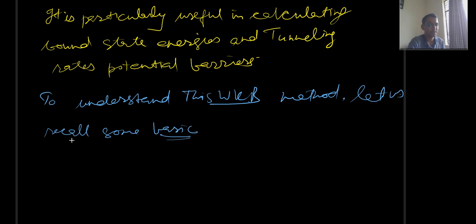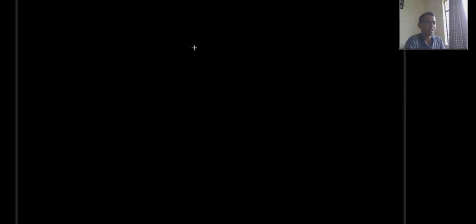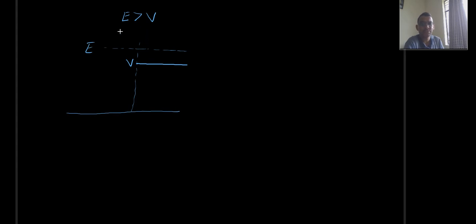Consider a particle whose energy is greater than the potential, and we are having a constant potential. So for this, let us draw a diagram. So it is the potential barrier, and it is the energy of the particle where E is greater than this.